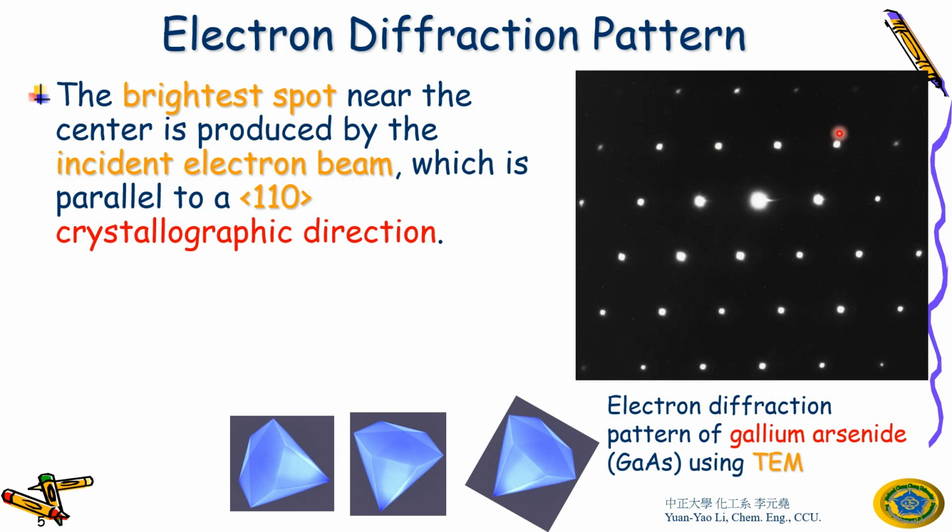When you see the different pattern, you go and check your database, and you will realize this pattern belongs to this direction or another direction, or this plane or another plane. For example, if you shoot on this direction, it might be the 110 plane. However, this plane will be 010, for example. So according to the different patterns, you can identify the different planes, and also what these materials are, by these angles, by the distance.